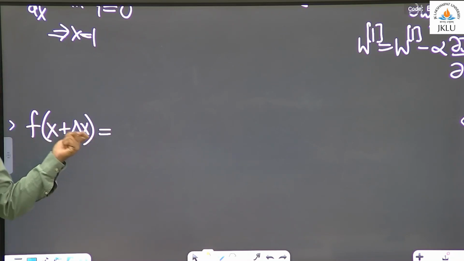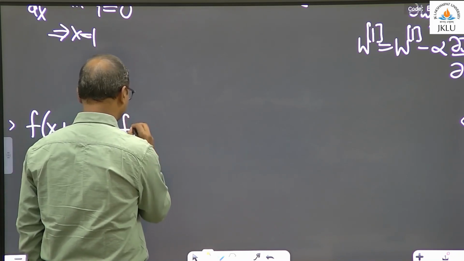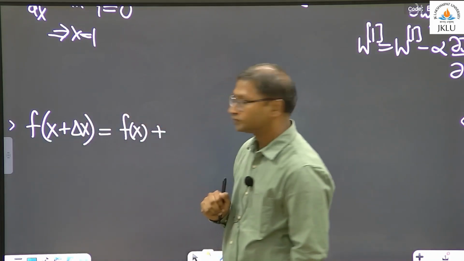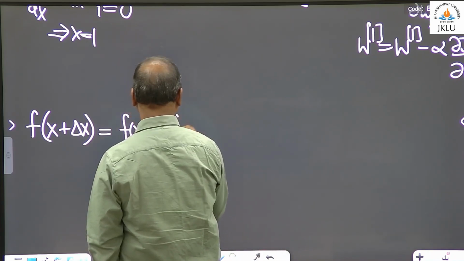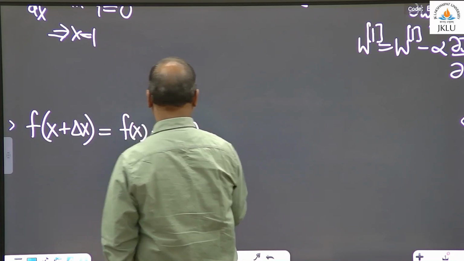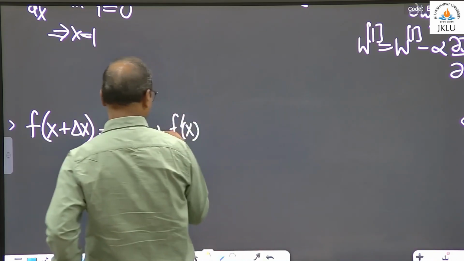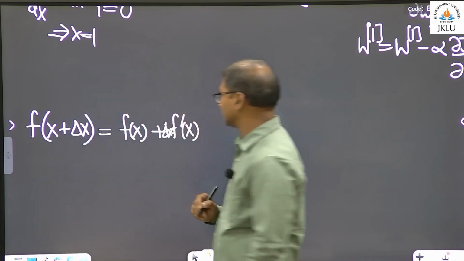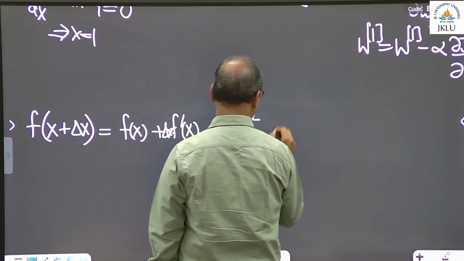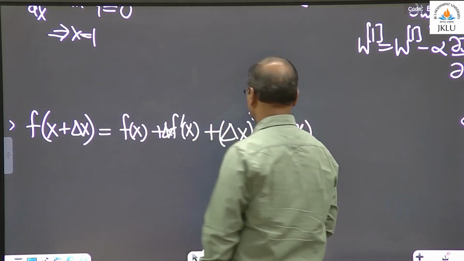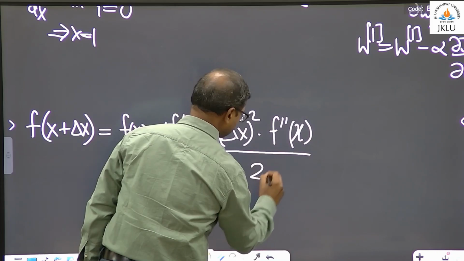So f of x plus delta x will become, let's say, f of x for the first term, plus f prime x delta x, plus delta x square, and then you will also have factorials.